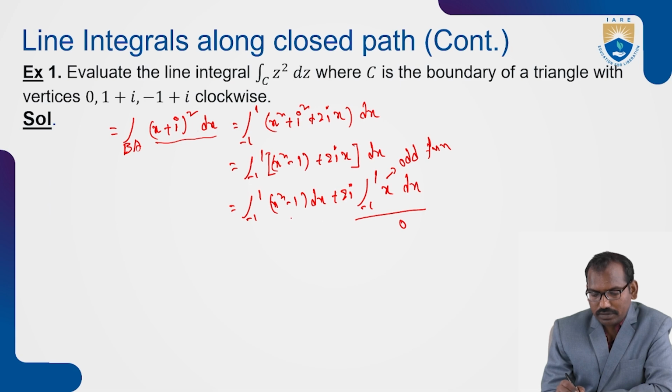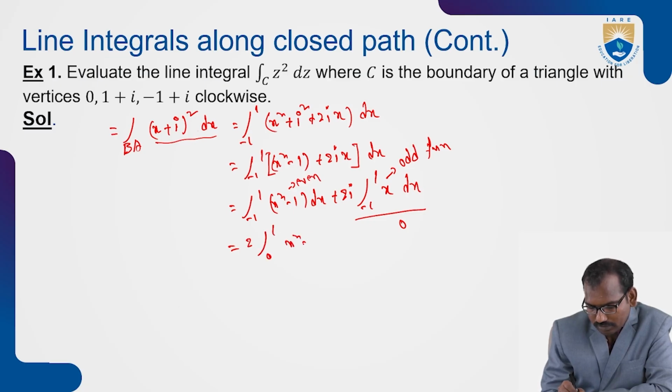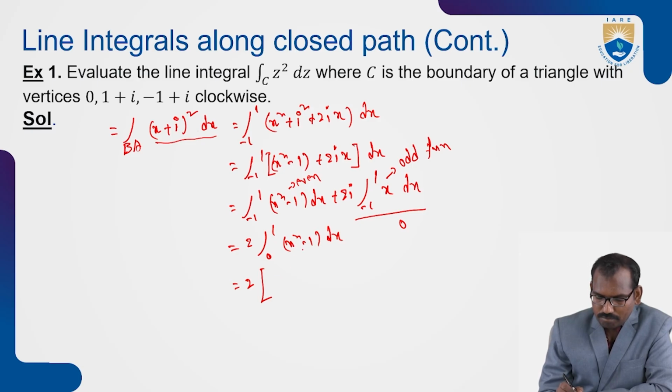Now we have to evaluate only the first integral. In this case, it is an even function. So I can write it as 2 times integration from 0 to 1 of x square minus 1 dx. I'm going to evaluate this integral value, and we will have 2 times (1 by 3 minus 1).